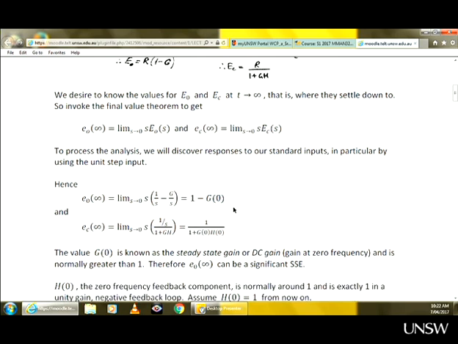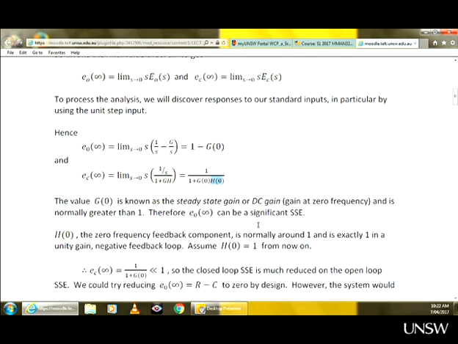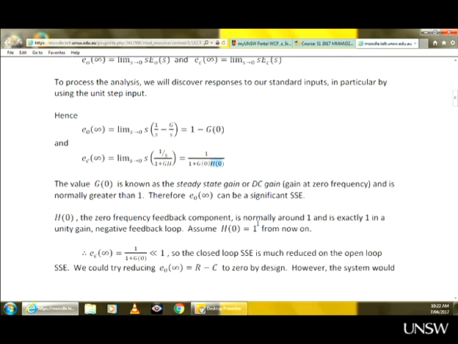For a closed loop case, again, S times R is 1 over S, over 1 plus GH. So that will give us G of 0 and H of 0 down here. G of 0, if you remember, is the steady state gain, or DC gain. So when S equals 0, we end up with a DC gain.